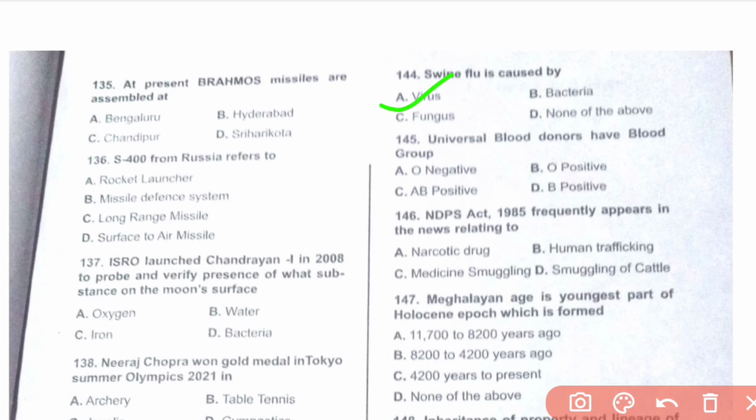Universal blood donors have blood group O negative. The NDPS Act 1985 frequently appears in the news; the full form is Narcotic Drugs and Psychotropic Substances. The Meghalayan Age is the youngest part of the Holocene epoch, from 4,200 years ago to the present.